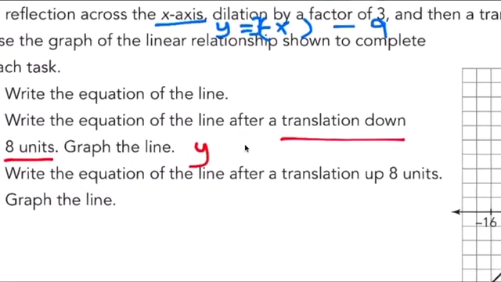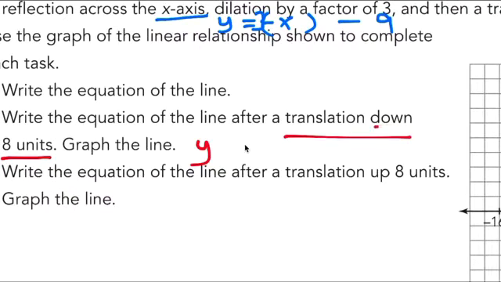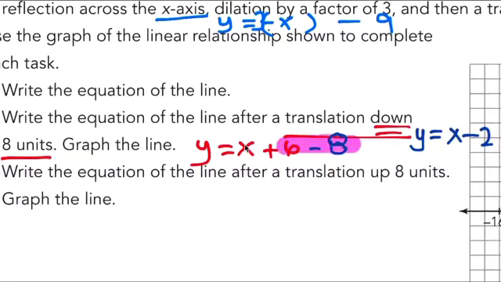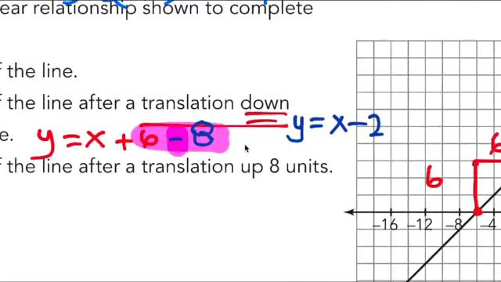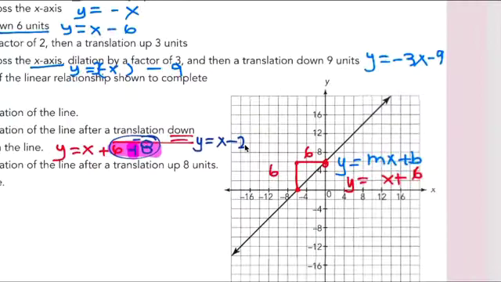I just read translation of 8 units, so this is down 8 units. So you start out with y equals x plus 6, because that's where you start, then you move down 8, so you minus 8. That's why the equation of this one is y equals x minus 2. You combine these 2: 6 minus 8 is a negative 2, right? Additive inverse, if you've forgotten, plus that, you get a negative 2.